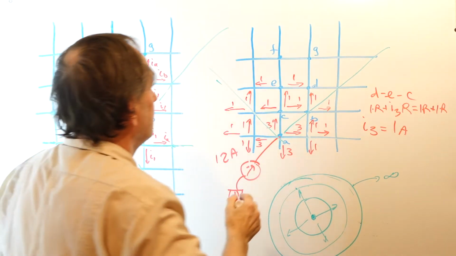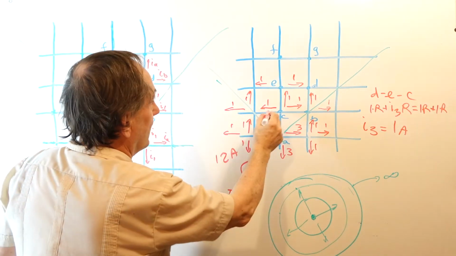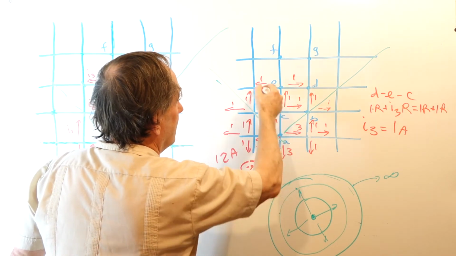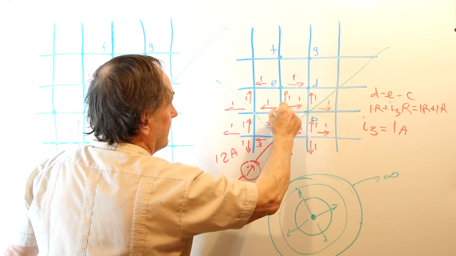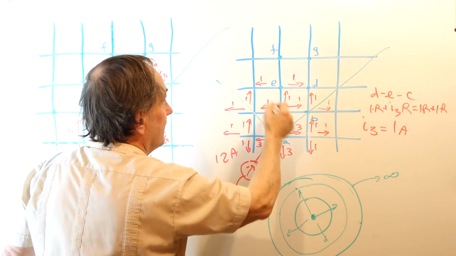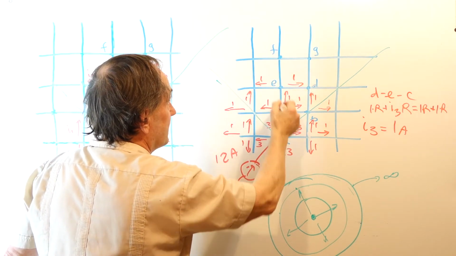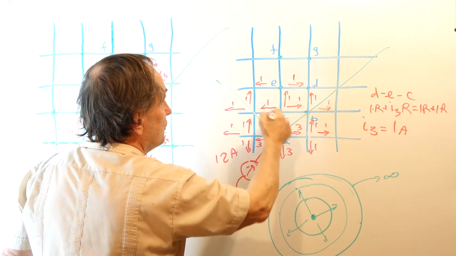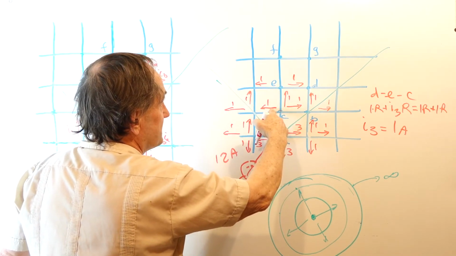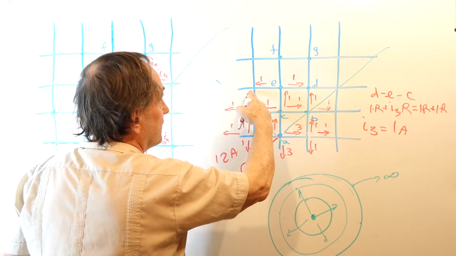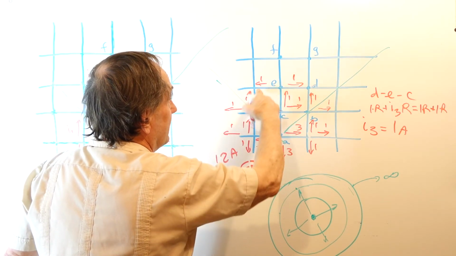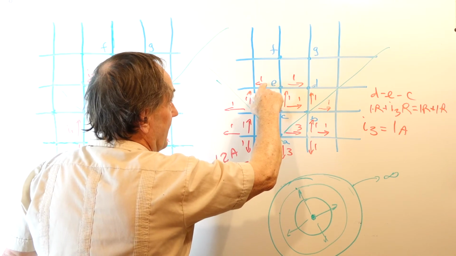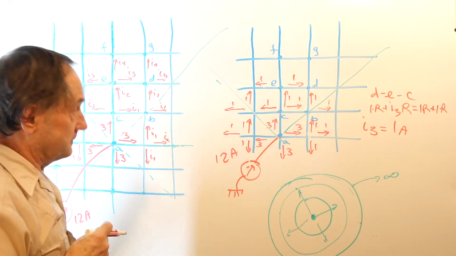And again, if we write Kirchhoff's voltage law going from this node to this node, it has to equal going to this node, since we have 1 amp times R plus 1 amp times R, or 2R. We also have to have the same going this way, so this current also has to be 1.